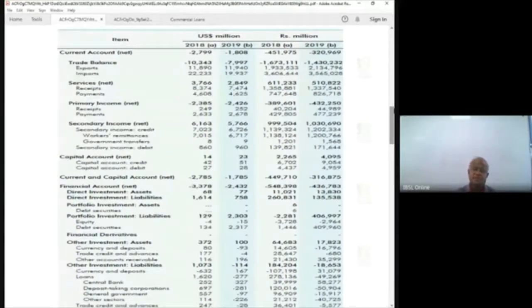Now take the secondary income account. Key items. The most important item is worker remittances. Sri Lankans who work in Middle East countries, who work and earn in Australia, USA, Germany, European countries, send part of their savings to Sri Lanka.